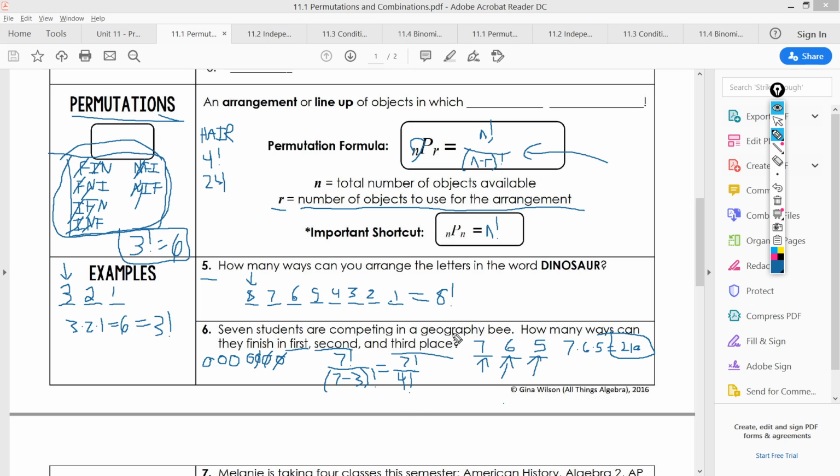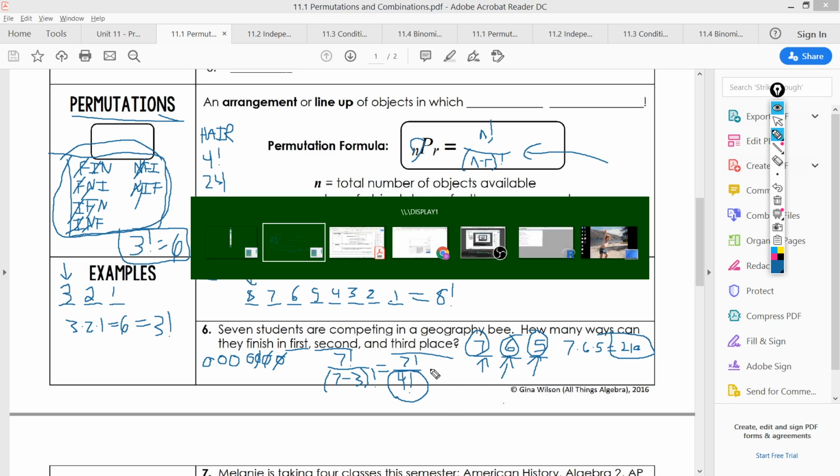If you think about our example before where I did the 17 factorial over 11 factorial, and I canceled out all the numbers 11 and lower, this 4 factorial right here is going to cancel out all numbers 4 and less from multiplication. Well, if 7 factorial is 7 times 6 times 5 times 4 times 3 times 2 times 1, and I get rid of all the numbers 4 and less, what's left? 7, 6, and 5.